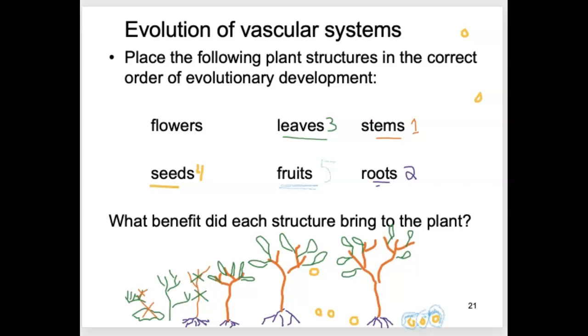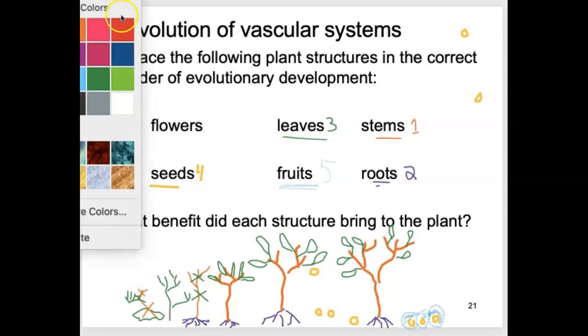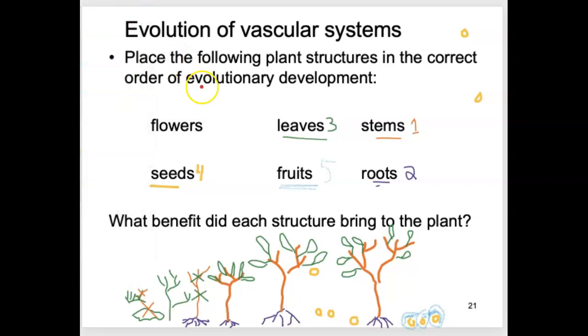The last evolutionary structure that was necessary or that evolved would be the flowers. Okay, so flowers. Let's make a nice pretty flower here to attract a pollinator, to increase our genetic diversity.